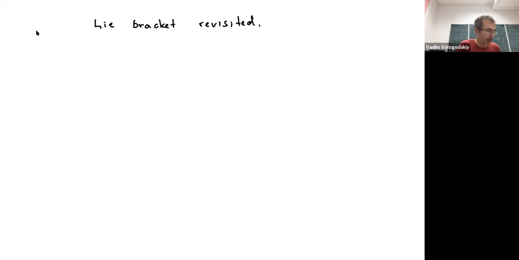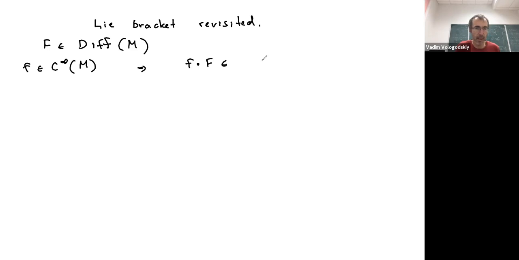So let's start by considering a manifold M, and let's suppose that we have a diffeomorphism F. Then F acts on functions. If you have a smooth function, you can compose capital F with little f, so you get f composed with F, and that's again a smooth function.